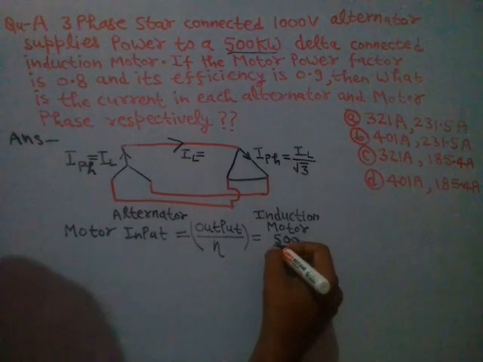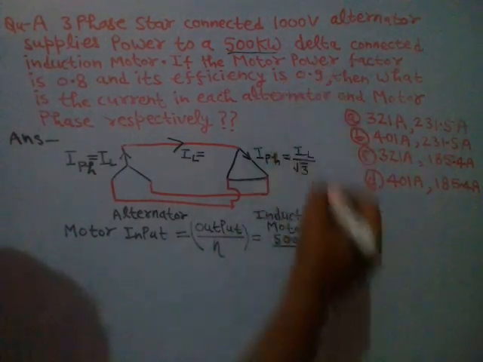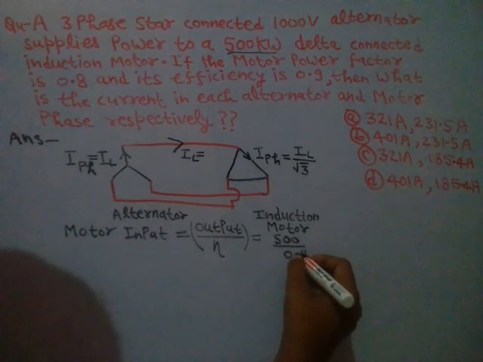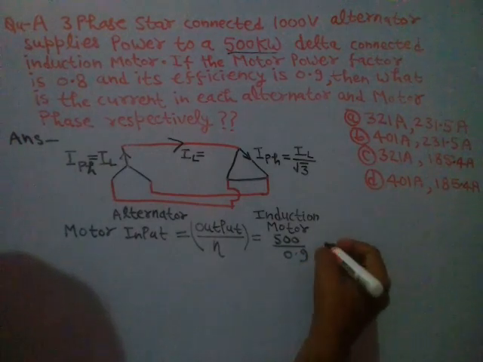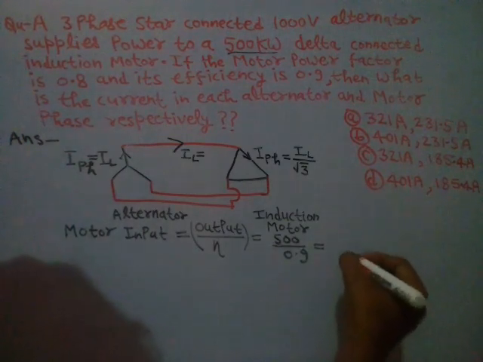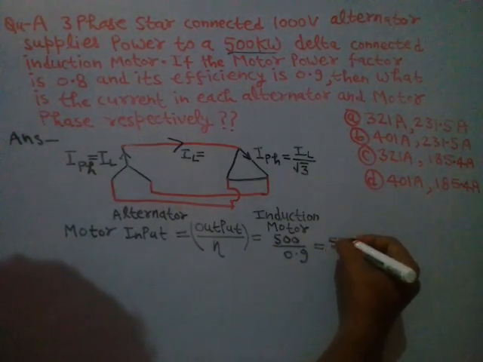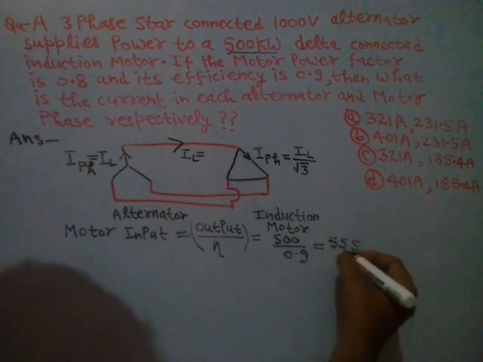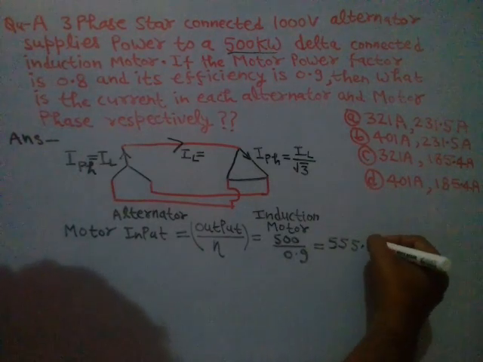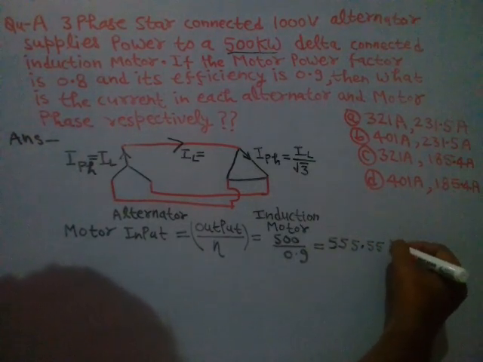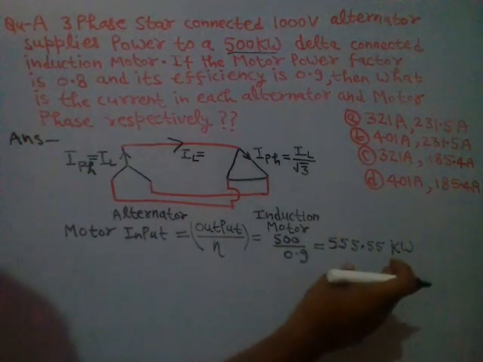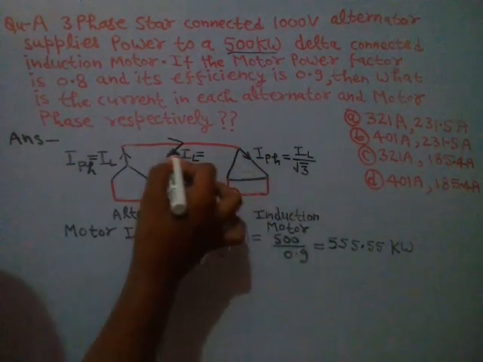So 500 kilowatt divided by the efficiency of the motor, 0.9, will give the power input to the three-phase induction motor. It comes out to be equal to 555.55 kilowatts. So this is the power input that is taken by this delta connected induction motor.